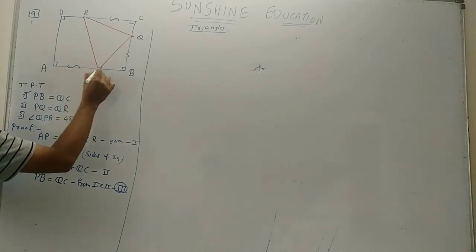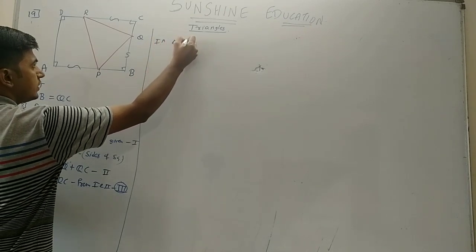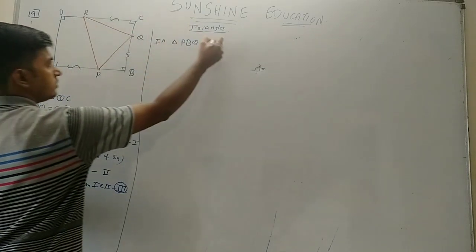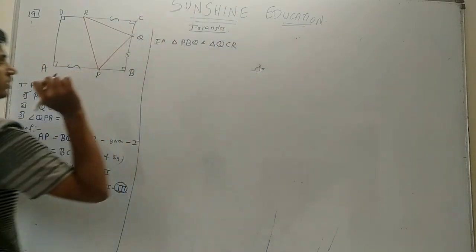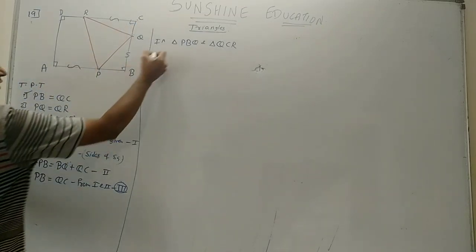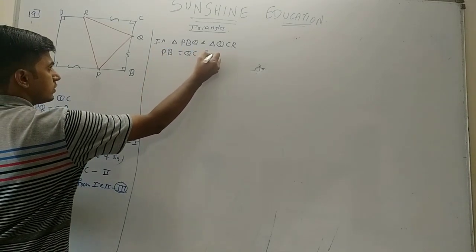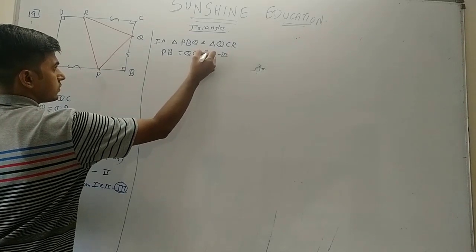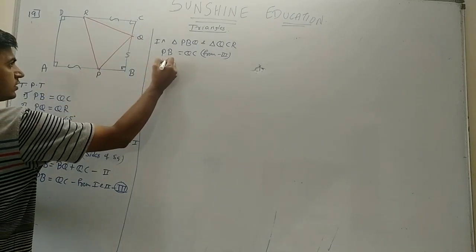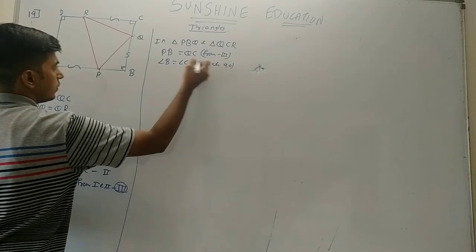In triangle PBQ and triangle QCR, we know that PB is equal to QC from 3, and we know that angle B is equal to angle C, each 90 degrees.